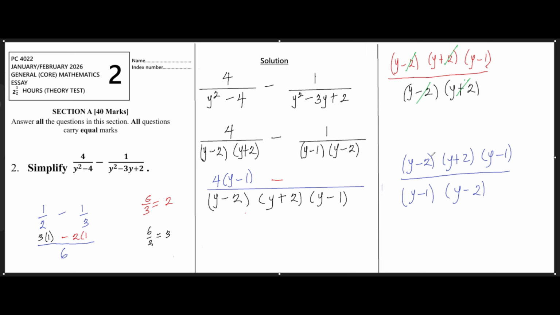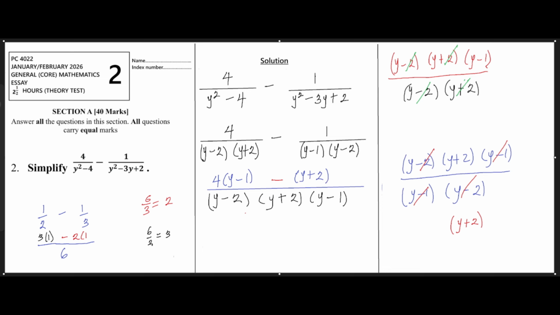So y minus 2 and y minus 2 will cancel out, and the y minus 1 will cancel out, leaving y plus 2. So we are going to multiply y plus 2 by the numerator, and the numerator here is 1. We know that any expression multiplied by 1 is the same expression. So we'll be left with y plus 2.